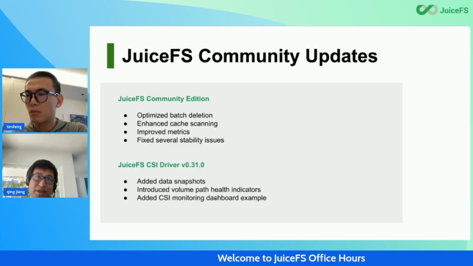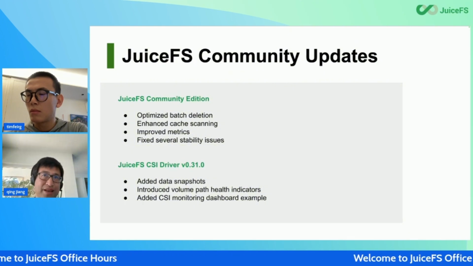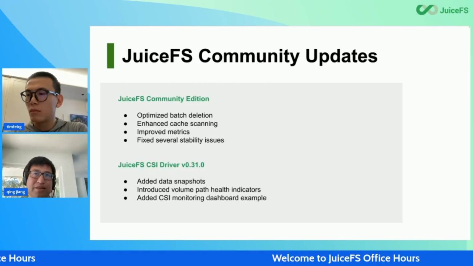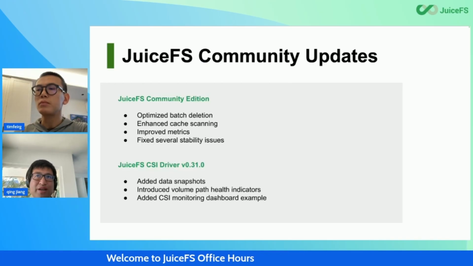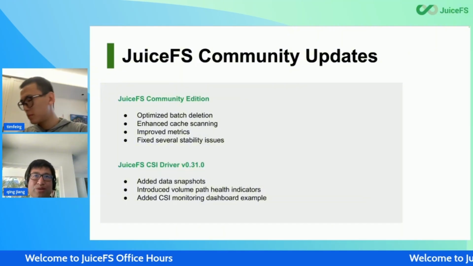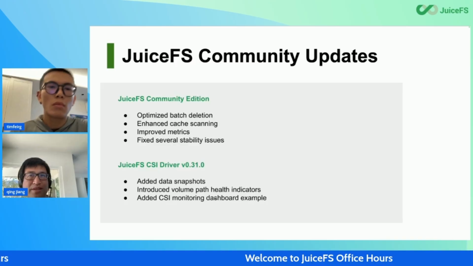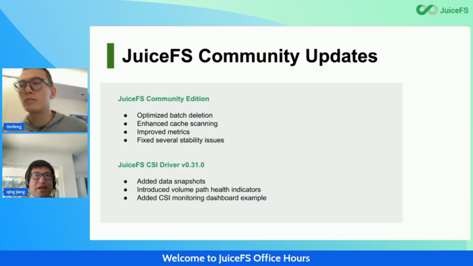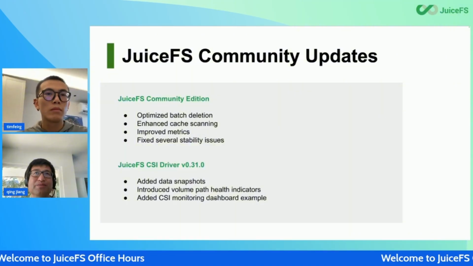And for the CSI driver itself, we have a new version, which adds functionality like data snapshots, introduces a new health indicator called volume path, and also adds a sample dashboard for the CSI monitoring. So that's the community release news.